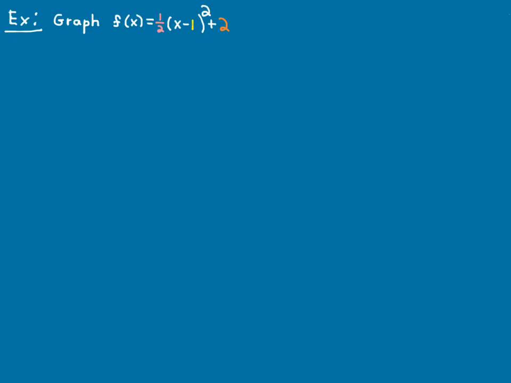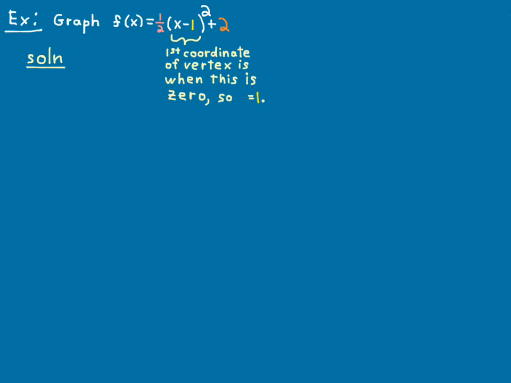So from there I can read off the vertex by setting x minus 1 equal to 0, and that gives me x is 1. So the first coordinate of the vertex is 1.